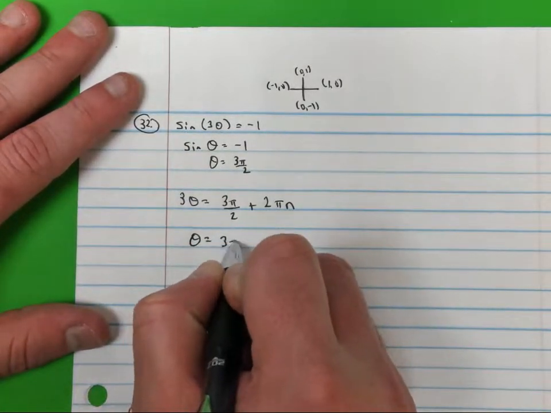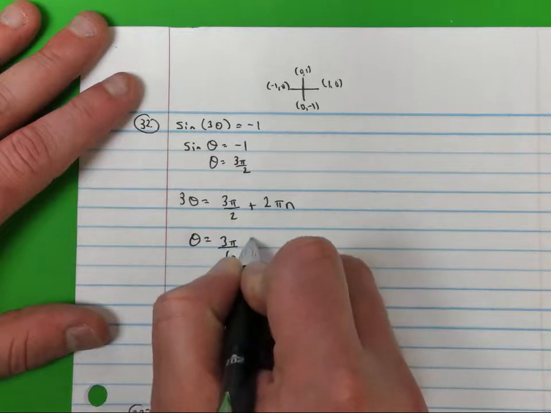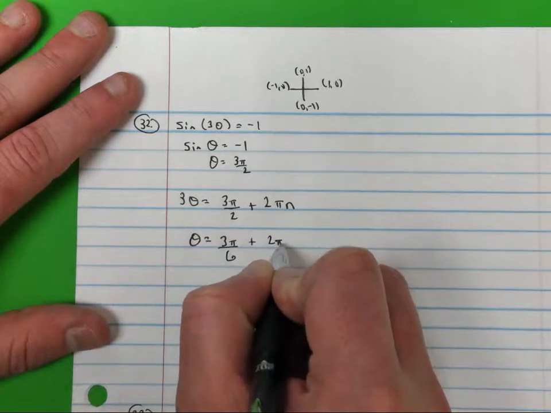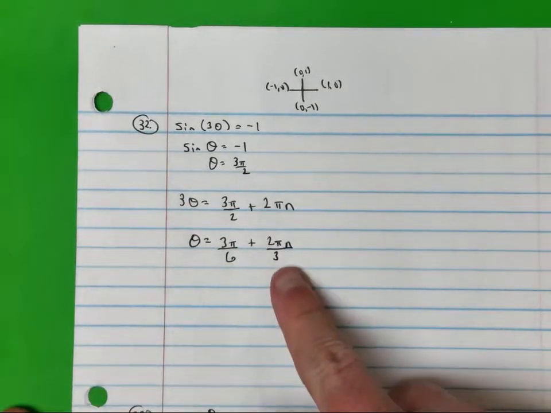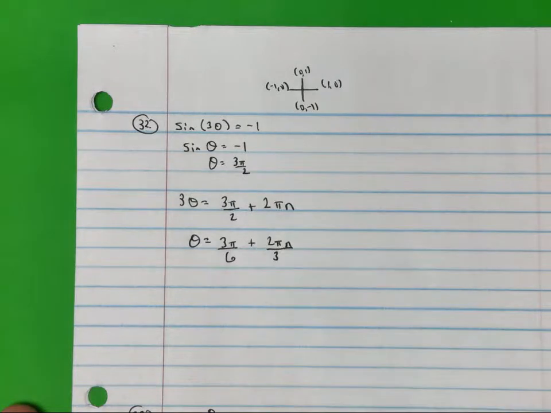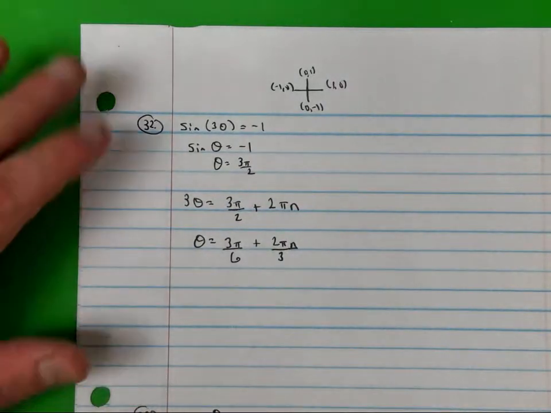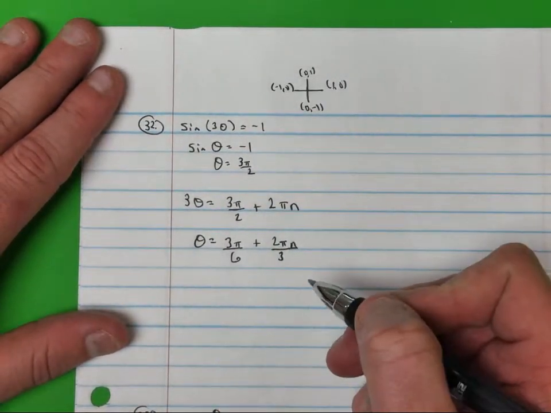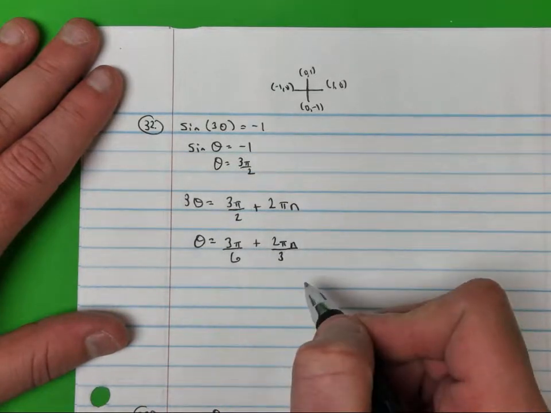So that'd be 3 pi over 6 plus 2 pi. Remember, you're dividing this by 3 as well. We didn't have one that looked like that, but the same concept, you're dividing everything by 3.